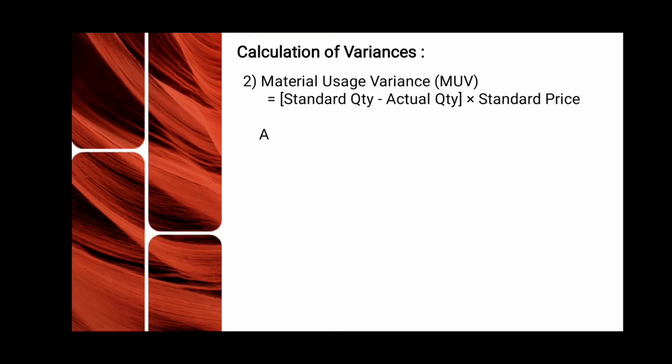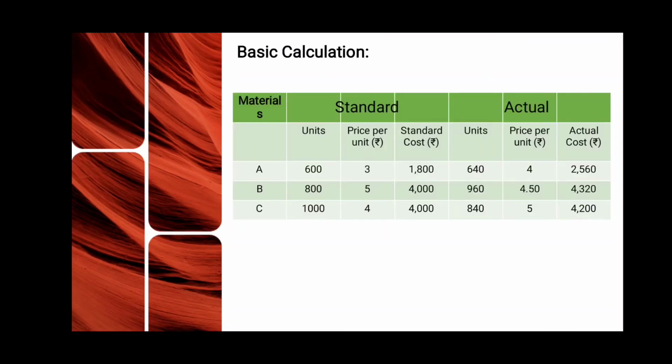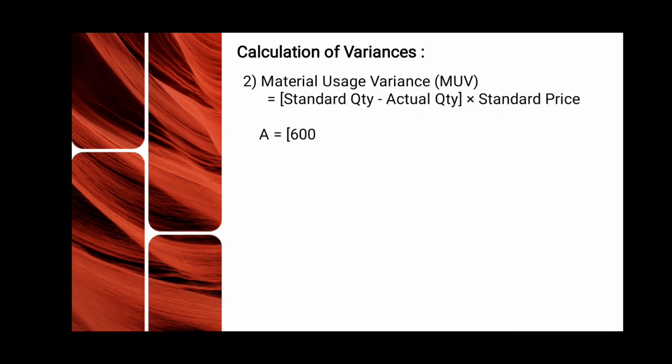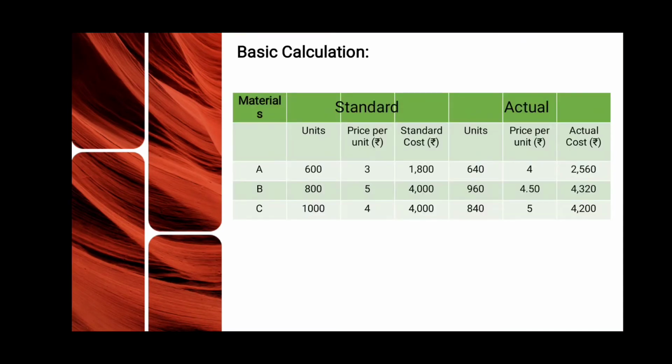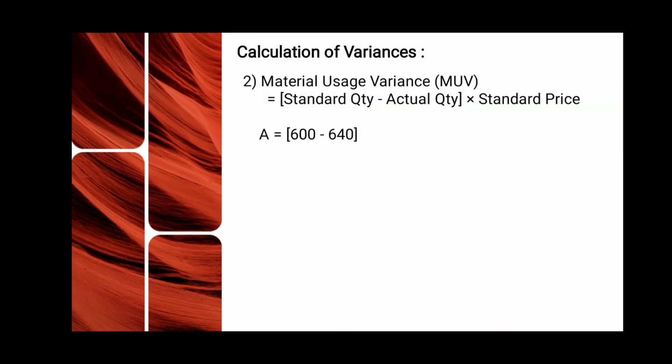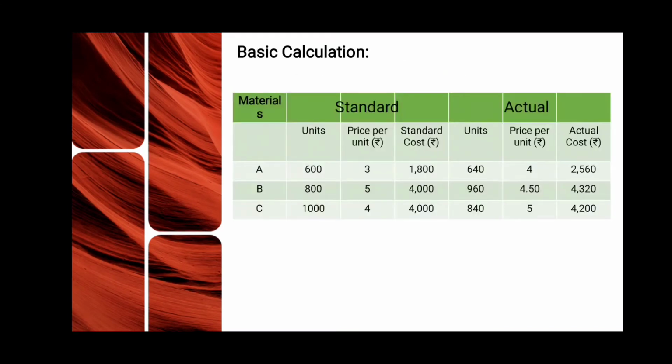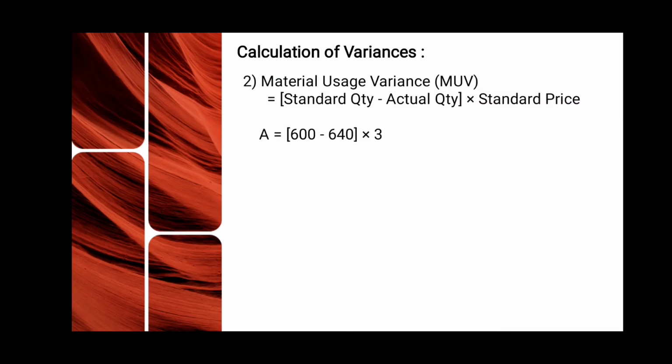For material A, standard quantity is 600 units minus actual quantity for material A is 640 units into standard price. So standard price is 3 per unit, which will be equal to rupees 120, which is negative. So we'll mark it as A.